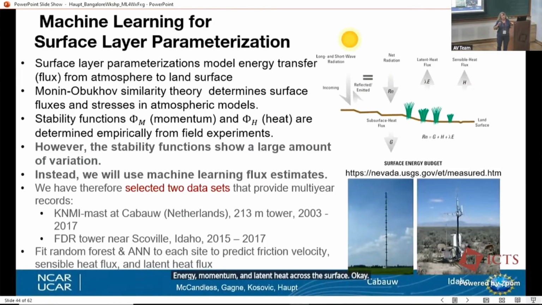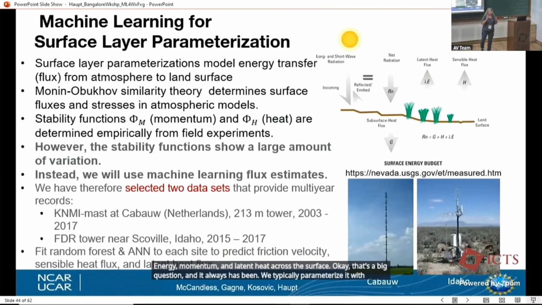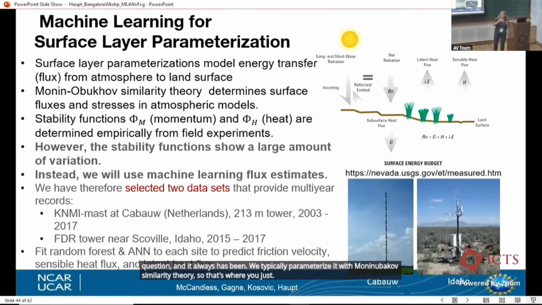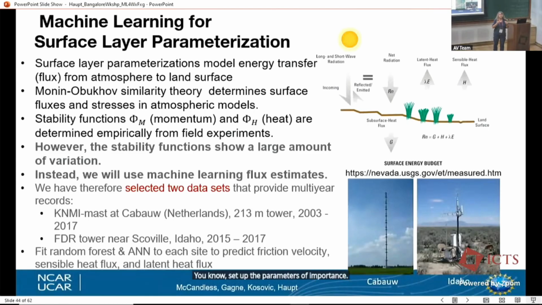That's a big question, and it always has been. We typically parameterize it with Monin-Obukhov similarity theory. That's where you just set up the parameters of importance, and then you have to fit constants, the coefficients that fit data.